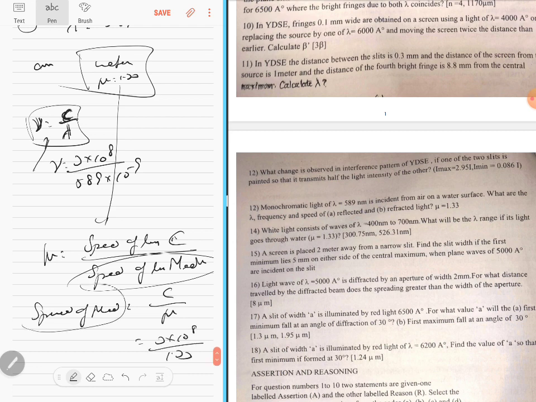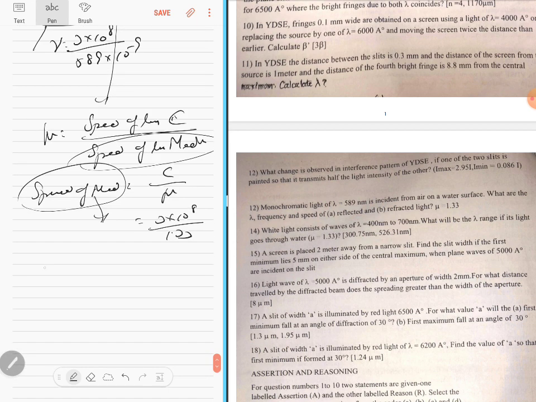Substituting this, you get the speed of light in the medium. The speed of light in air is just 3 into 10 to the power 8. So thus you can answer all these questions.